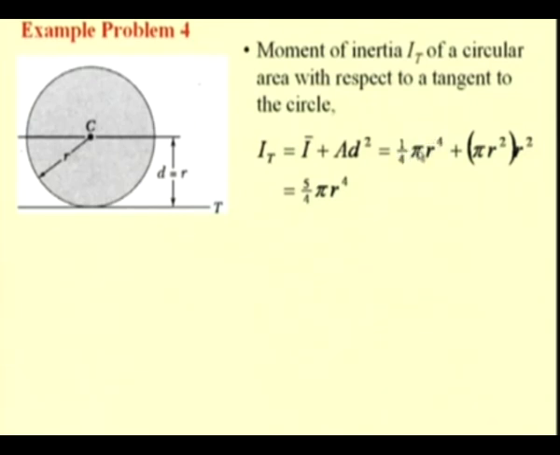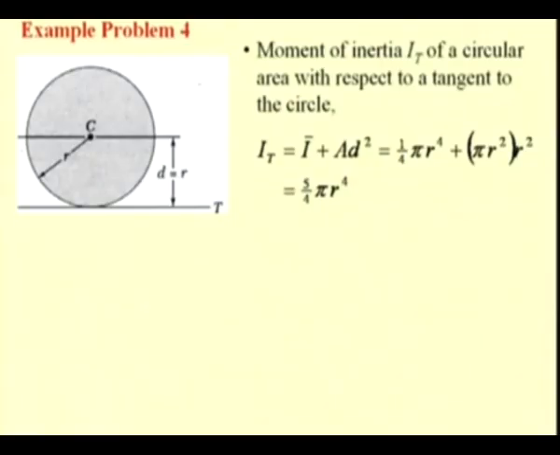We have found the moment of inertia with respect to one of the diametrical axes for a circular lamina as 1 by 4 pi r to the power of 4, and now we know this distance is r, and from this we get the moment of inertia with respect to this axis as 5 by 4 pi r to the power of 4.